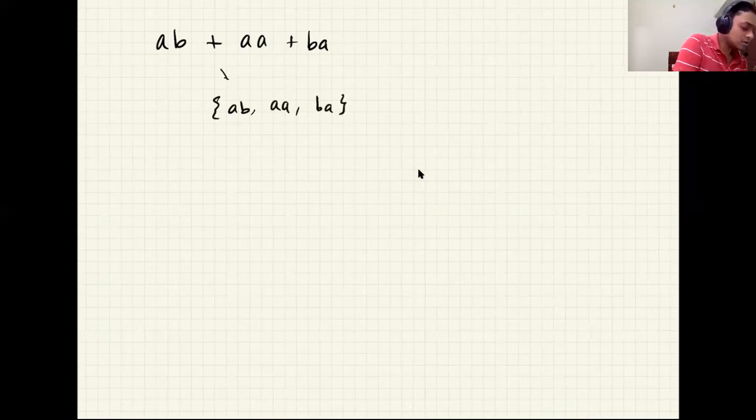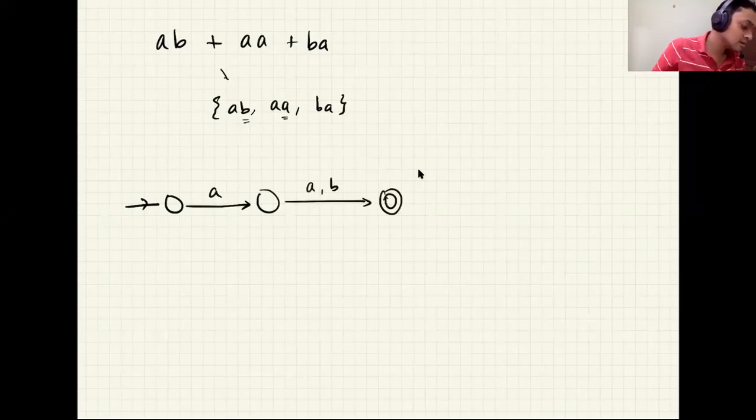Now what was the automaton for this that we drew? It started with some state, it read an A, and after that there are two things it can read. It can read a B or an A. So that is succinctly written like this. So it can read A followed by A followed by B, and accept.